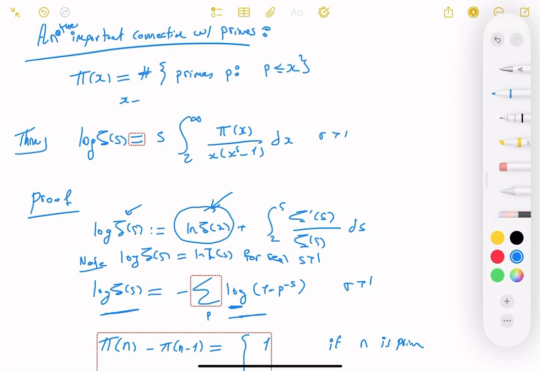If x is prime, then pi of x minus pi of x minus 1 is pi of p minus pi of p minus 1.